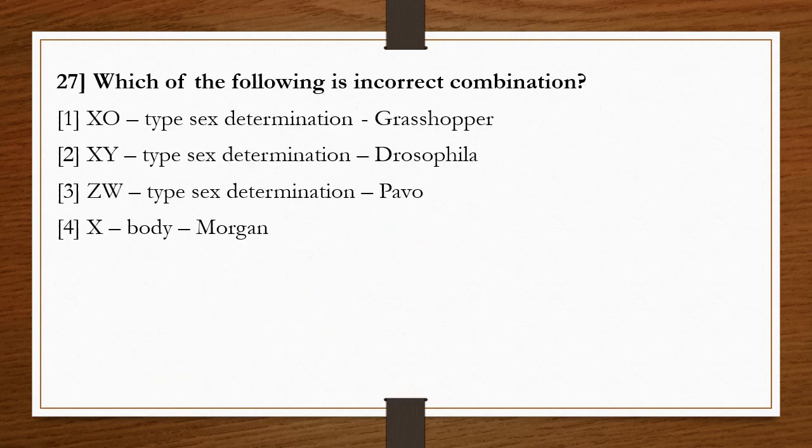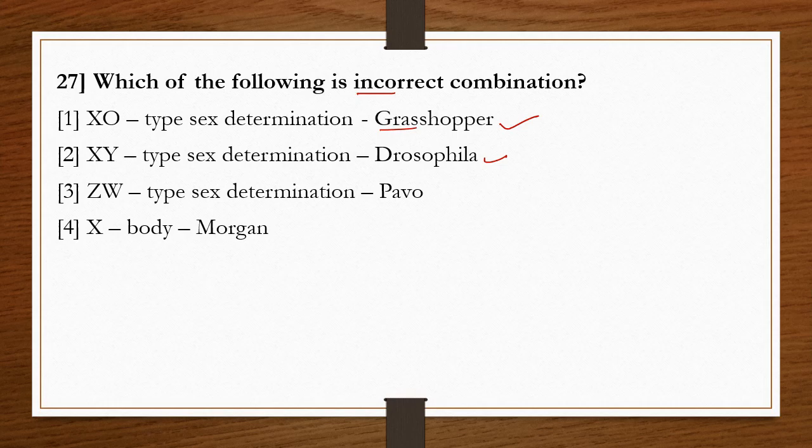Question 27. Which of the following is an incorrect combination? We need to find the wrong one. First, XO type sex determination we can find in grasshopper or insects. It is correct. XY type sex determination we can find in Drosophila or human beings.